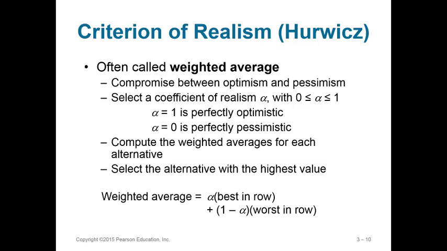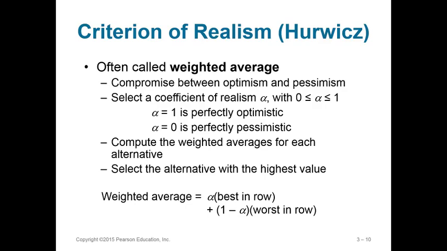Well, the criterion of realism, or Hurwitz's situation, is a weighted average, where you allow yourself to say, well, I believe one of these is X% likely to happen, and the other is the opposite of that. So if you were completely pessimistic, you'd have a 0 weight here for your alpha.